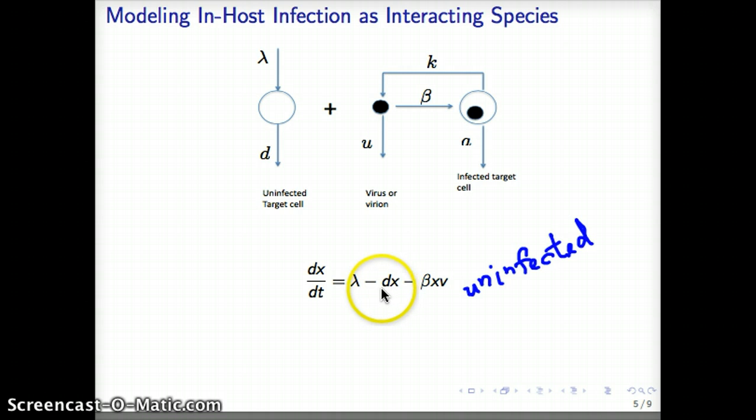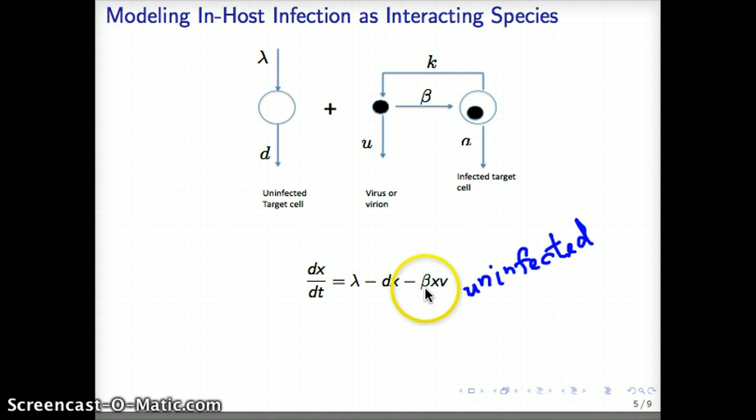Typically, in the absence of this term, we would say that d is positive, and therefore this is like a natural decay rate for those cells, or constant that denotes the mortality when the cell attains its lifespan. Okay, so it's the constant birth, and the death of these cells is proportional to the size of that population, but that happens also at a constant rate.